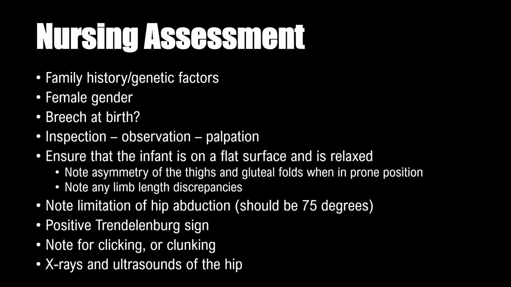That's when the pelvis and hip drops when the leg is raised. It'll be the opposite side, I'm sorry. Noting any clicking or clunking when moving the hip joint. And of course, looking at x-rays and ultrasounds of the hip.